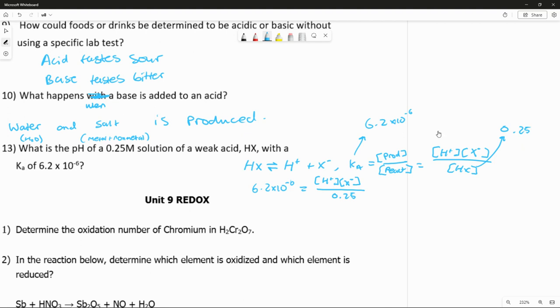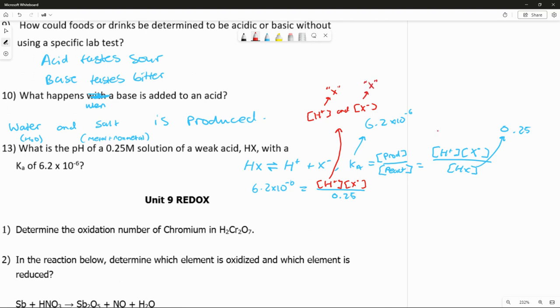The concentration of H plus is going to be termed x, and the concentration of X minus is also going to be x.